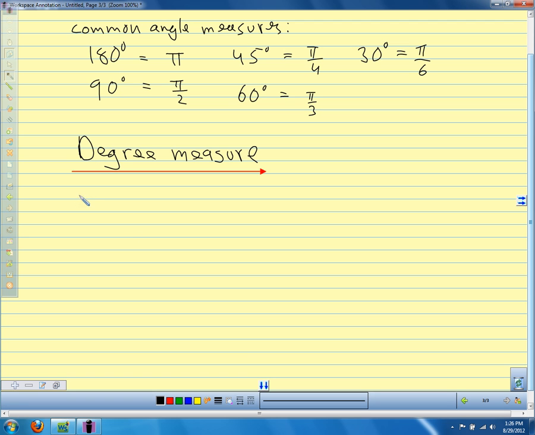So 1 full circle is 360 degrees. 1 degree equals 1/360th of a rotation around the circle.